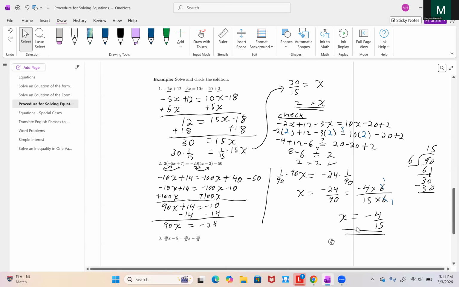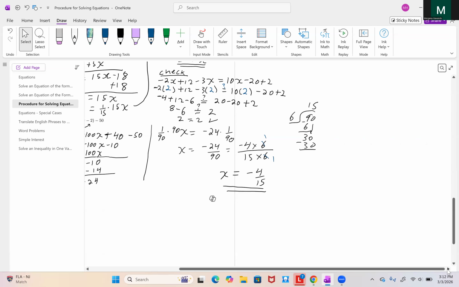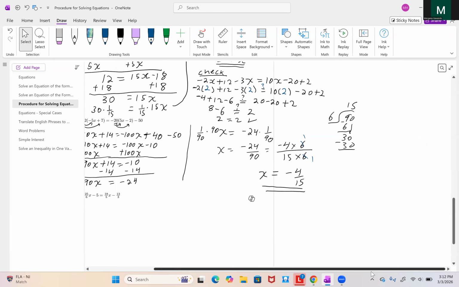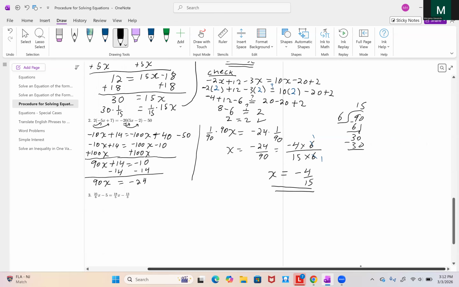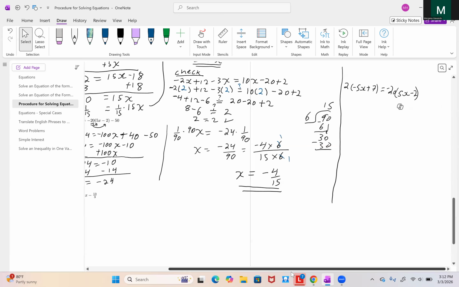We need to check. We're not done. So this is the solution, and to check, we have 2 times minus 5x plus 7 is equal to minus 20 times 5x minus 2, minus 50.